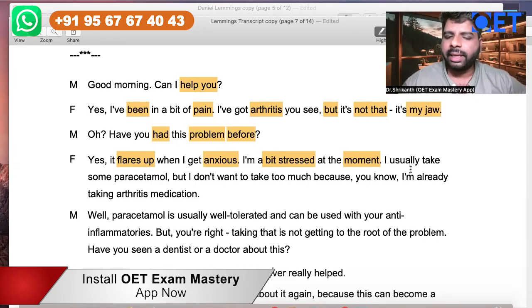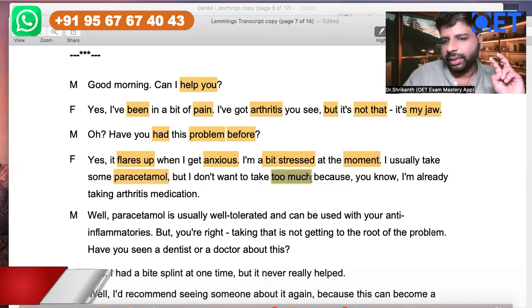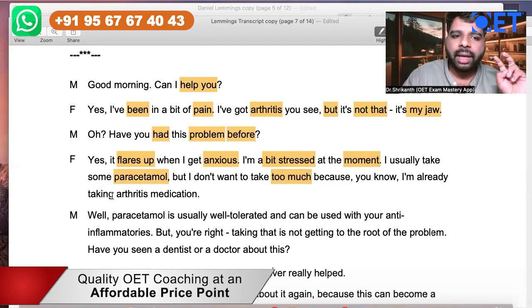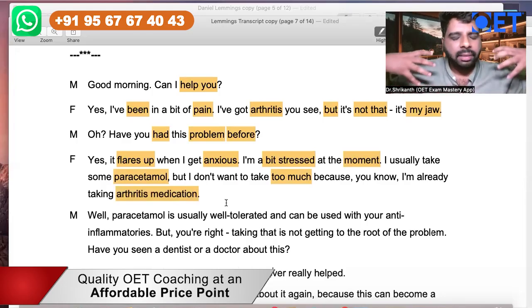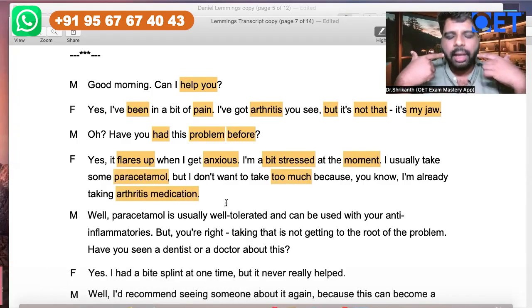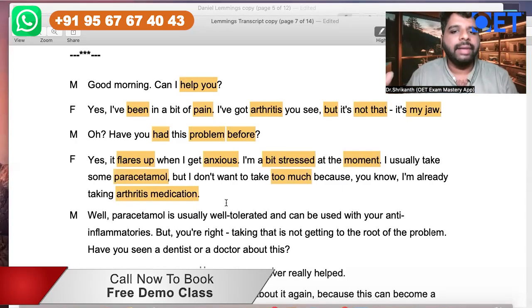Now she's saying, I usually take some paracetamol, but I don't want to take too much because I am already taking arthritis medication. Now she's saying I'm a little bit anxious right now, and because of my anxiety I'm having a painful jaw. And now she's explaining why she's feeling stressed.